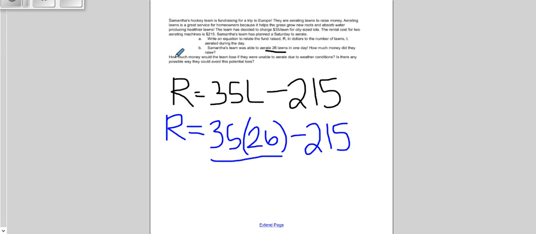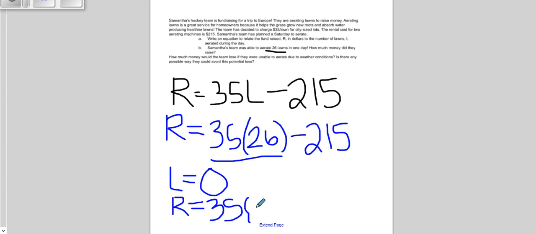The third question says, how much money would the team lose if they were unable to aerate due to weather conditions? If they are unable to aerate due to weather conditions, that means the number of lawns they aerated is 0. So we're going to do the same thing as before. We're going to take our equation, but now for L, instead of putting in a number, we're going to put in that 0 because we're not going to be able to aerate any lawns.